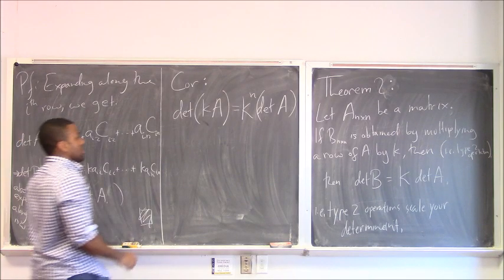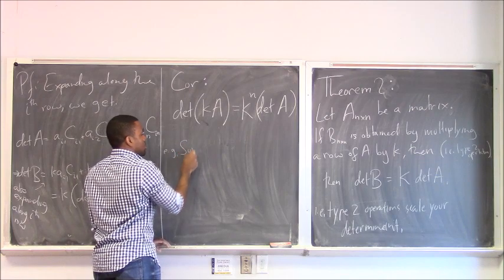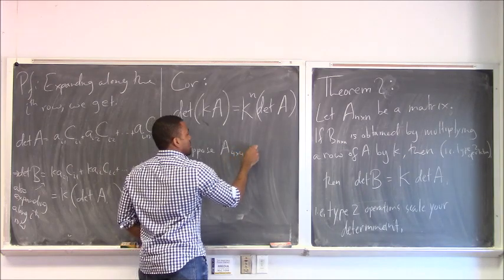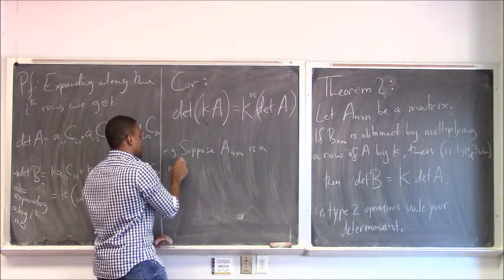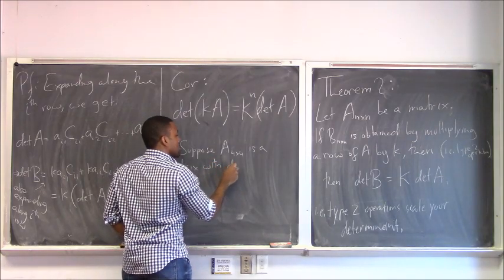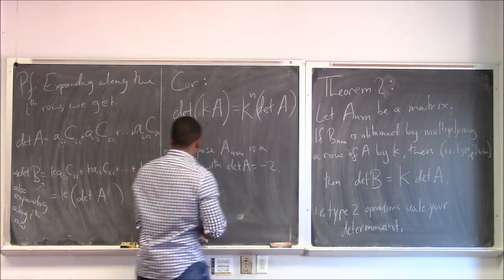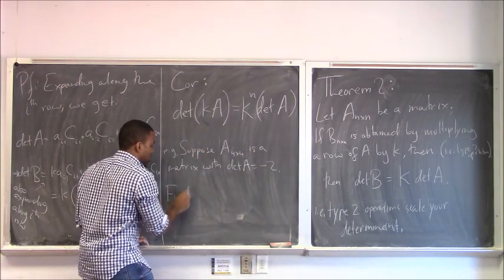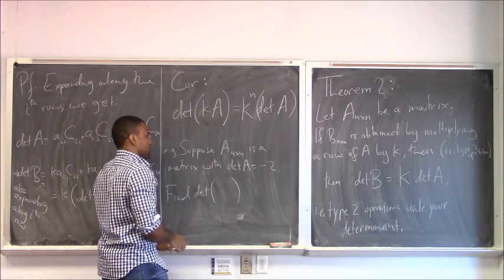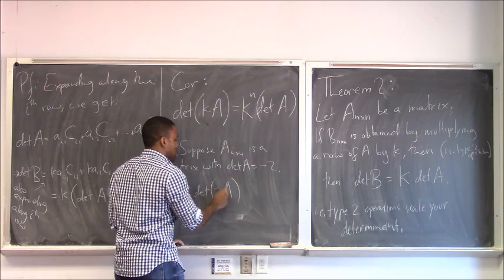Right? So for example, if I told you, suppose A is a 4 by 4 matrix with determinant of A equals -2, find the determinant of, I don't know, 3A.